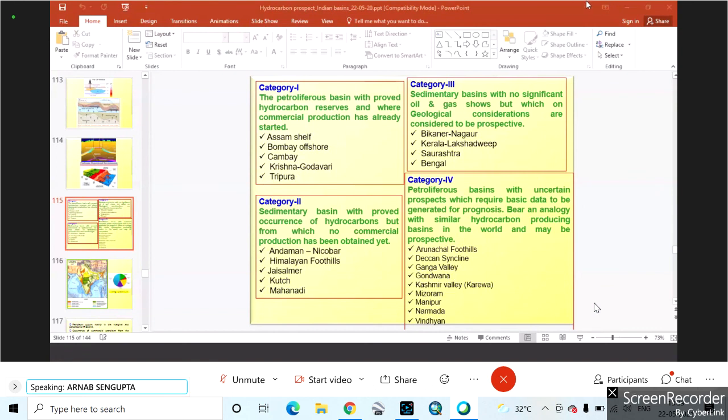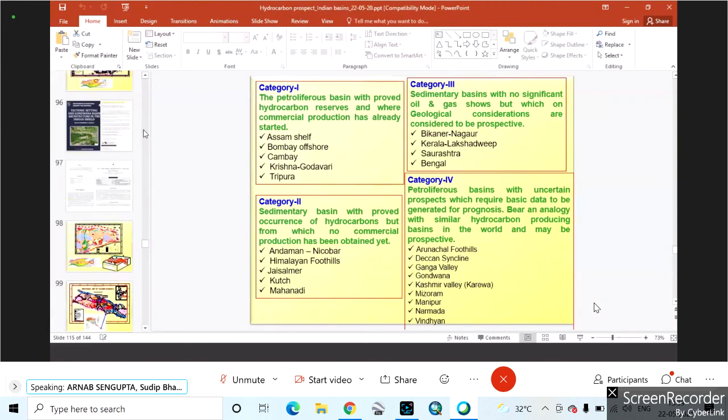I'm not getting how ring dikes and sheet dikes are related to the CBM outflow. Can you explain, sir?